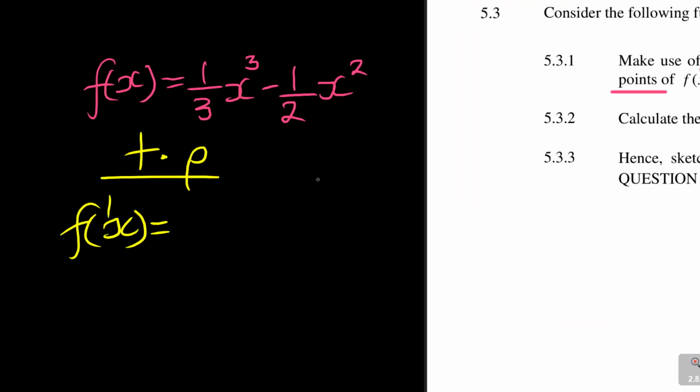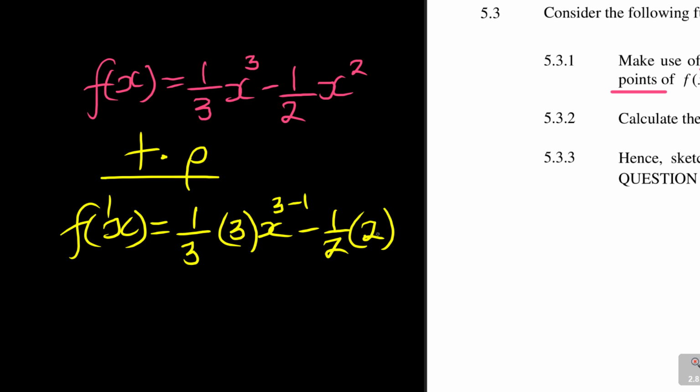So let's find f prime x here. What does it become? So here we've got a third times 3 x to the power 3 minus 1, minus a half times 2 x to the power 2 minus 1. 3 minus 1, what does that leave me with? 1 over 3 times 3, so this is x squared. Then the half times 2 is 1, so that's x, 2 minus 1 is 1.